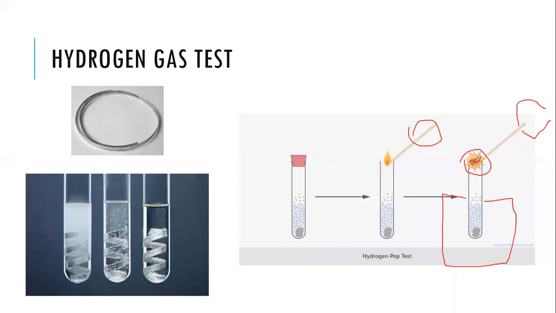Then you just put the match inside, and when you hear the pop sound, that means hydrogen gas. Why? Because hydrogen gas is an explosive gas. That's how I can understand that you produced hydrogen gas. So this is what we call the hydrogen gas test.